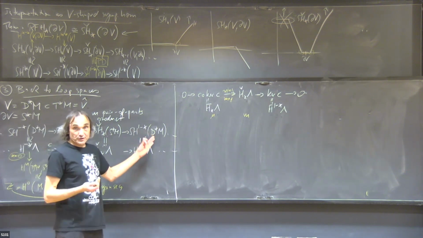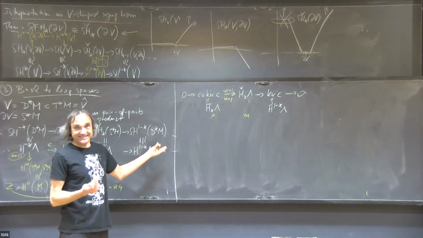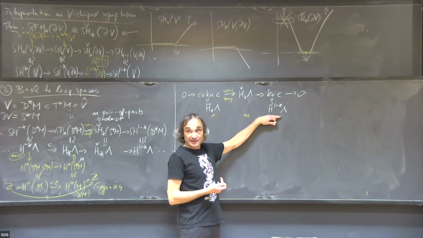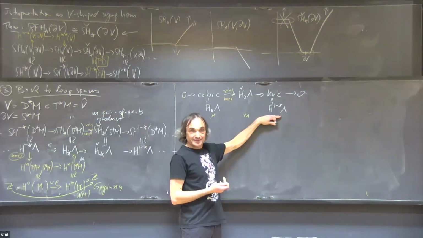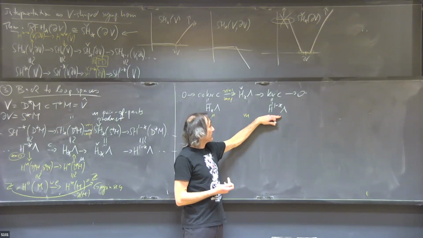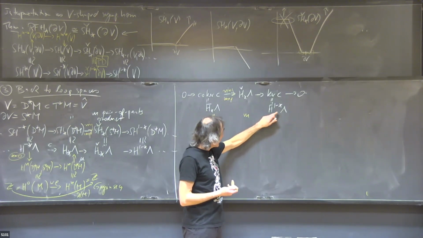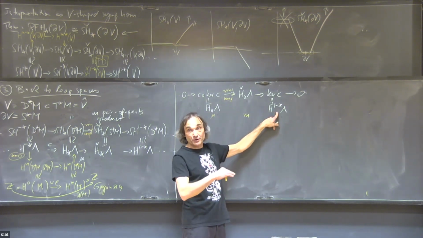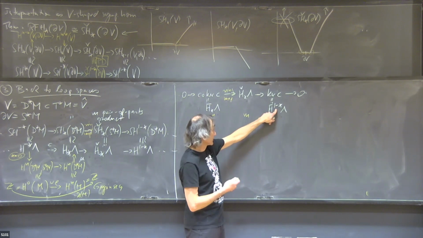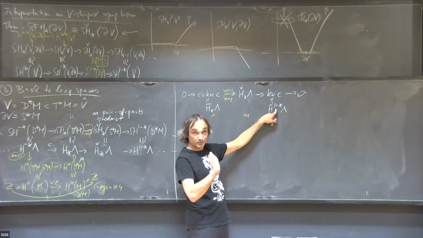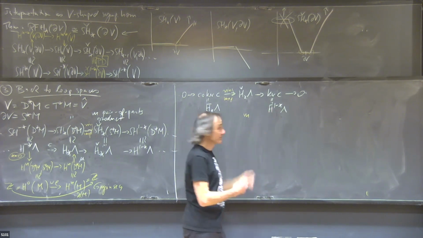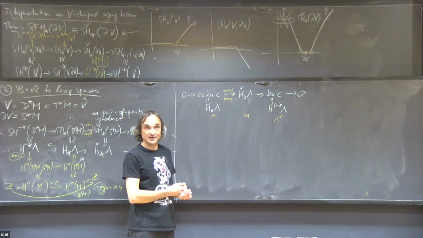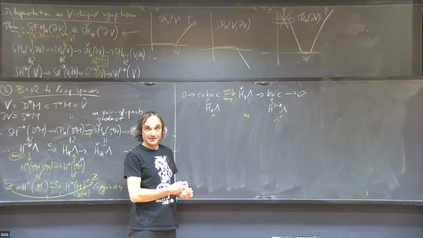Now, what about the coproduct? There's a natural guess that maybe the coproduct should naturally live here, the loop coproduct. Well, you see, the loop coproduct is a coproduct on loop space homology. If we dualize it, because here we are in loop space cohomology, we get a product on loop space homology, dual to it.